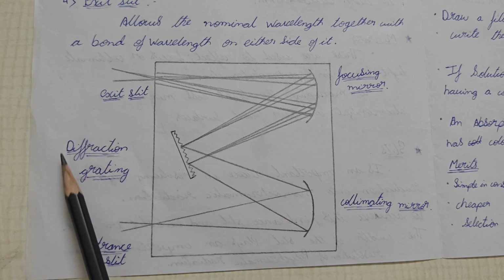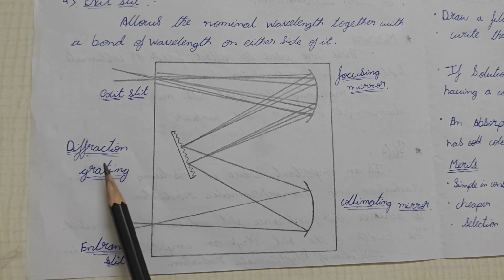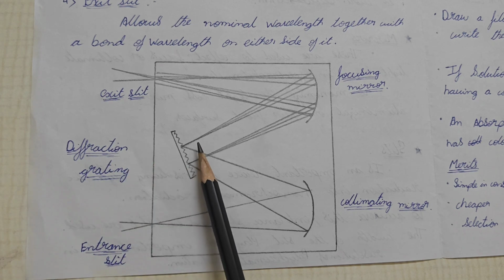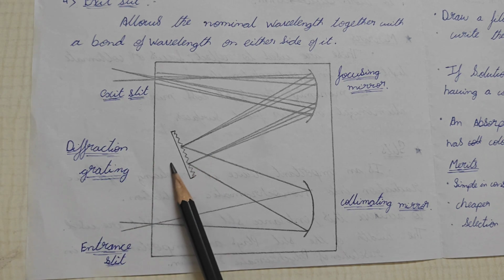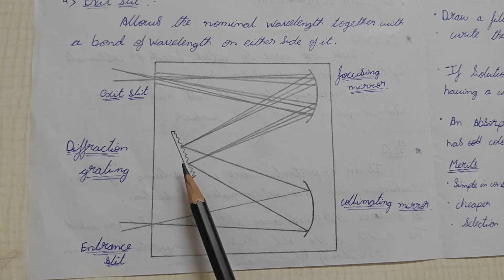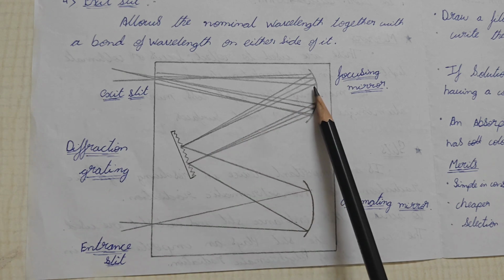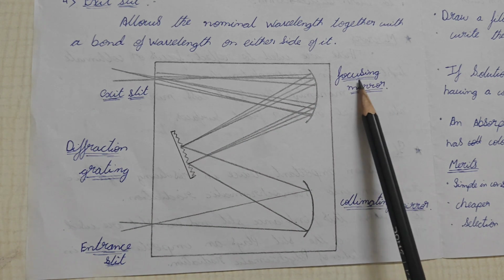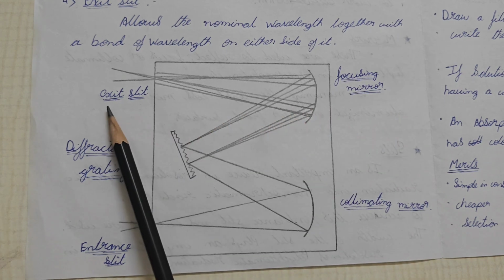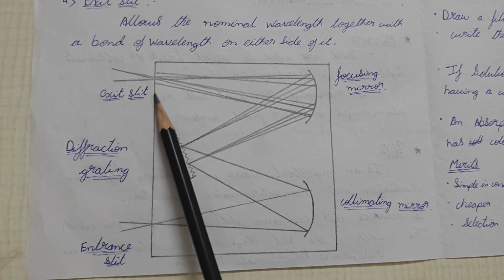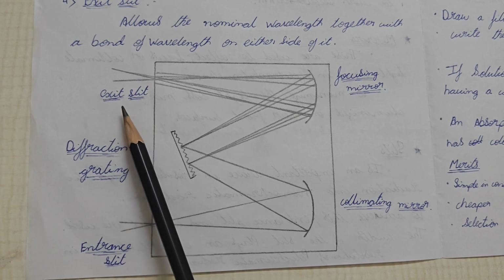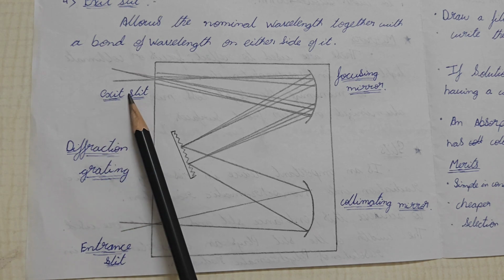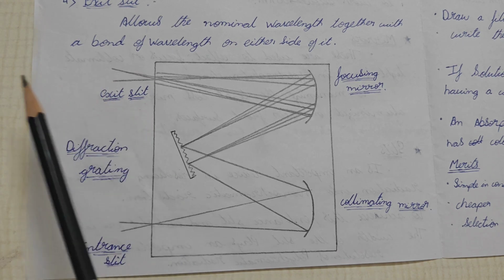On the diffraction grating, the polychromatic light is converted into monochromatic light, which passes through the focusing mirrors and then through the exit slit. The required wavelength passes through the exit slit. After the exit slit comes the sample.